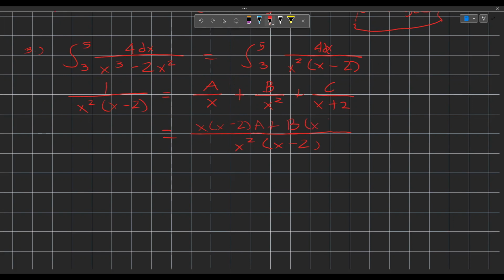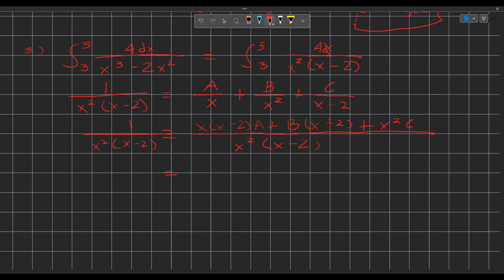What remains is x minus 2. And for C, what remains is x squared since we already have x minus 2 here. So this one was x squared C since the x minus 2 is cancelled. And here we'll just copy this one, 1 over x squared x minus 2.